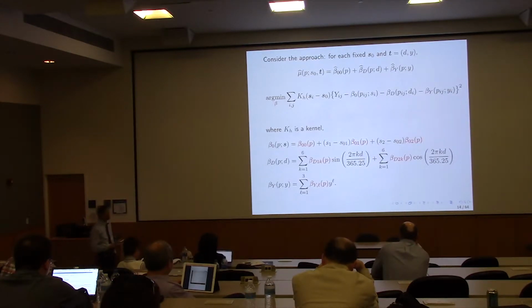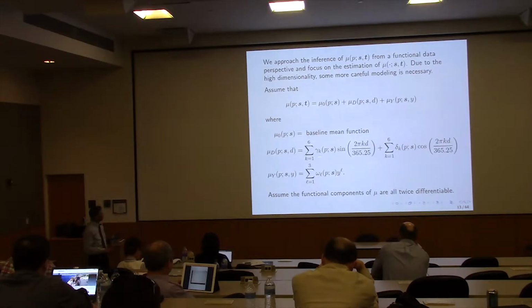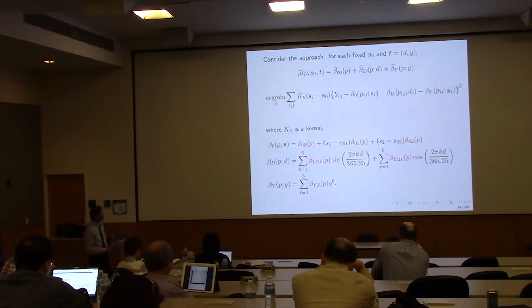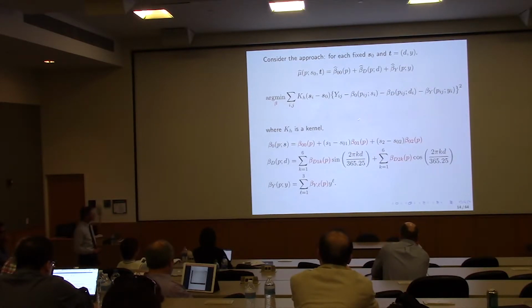So I'm using the kernel function here to determine what data to include. Okay. Now these terms are exactly what I had here, except I'm now using different notation. So beta d is this periodic function, and beta y is this cubic function.